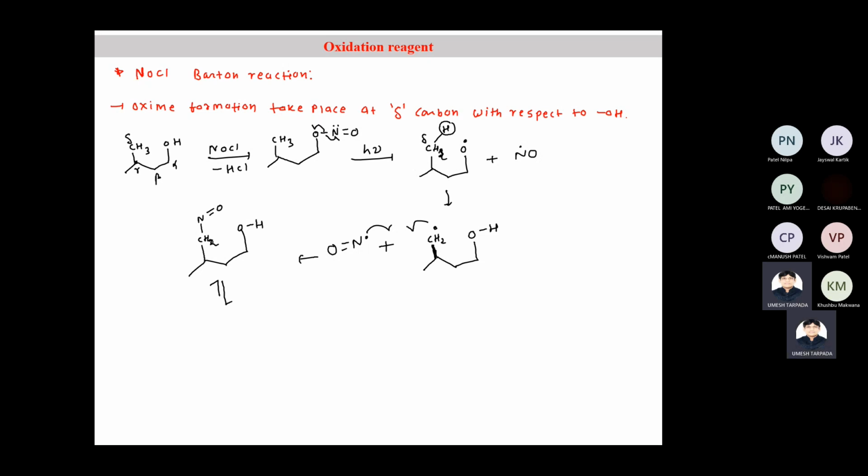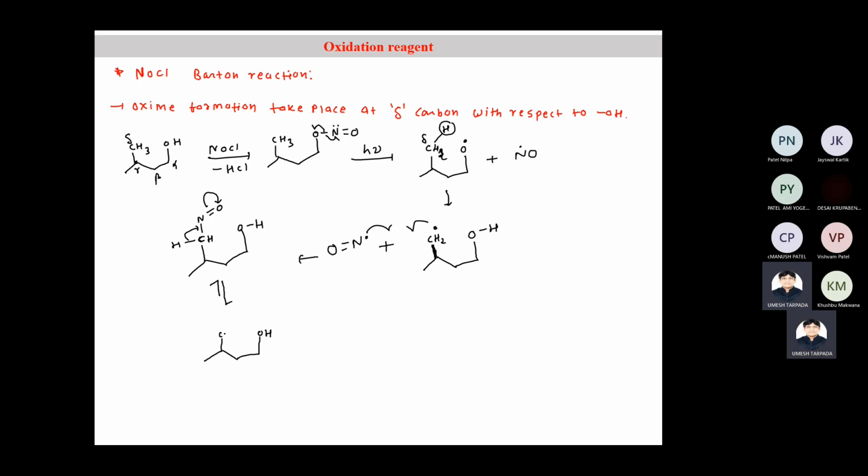Hydrogen is shifted from this position to oxygen. The 2 hydrogens are here on CH2. This is written in this way, CH and H. So this will form a double bond here, and hydrogen is shifted to here. The mechanism is not important for you, but you have to understand which product we are getting.